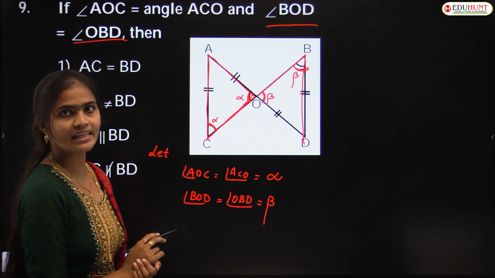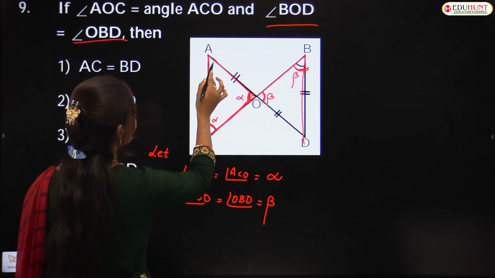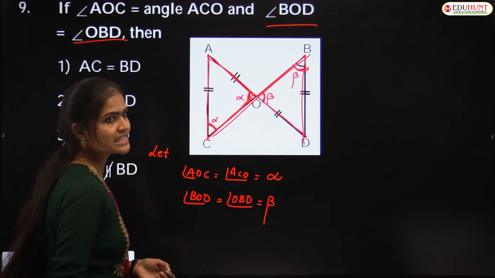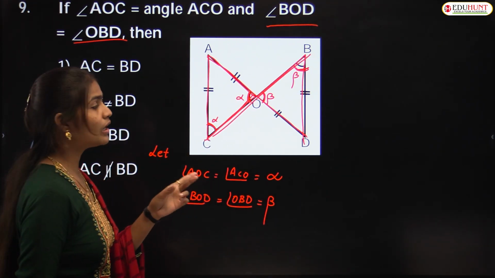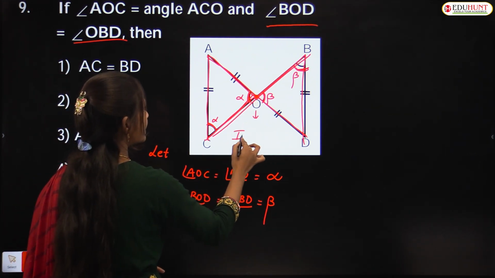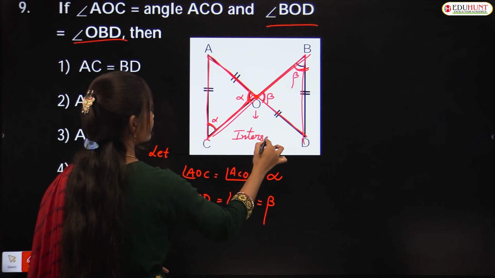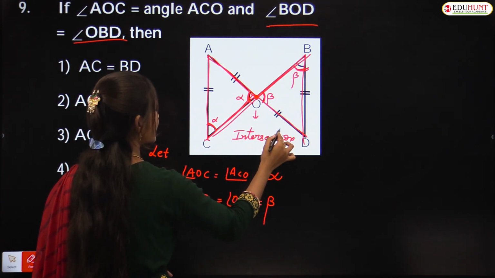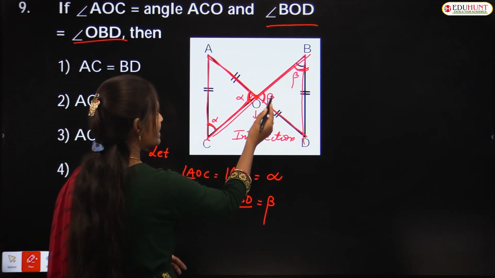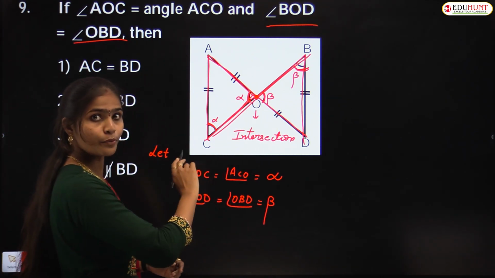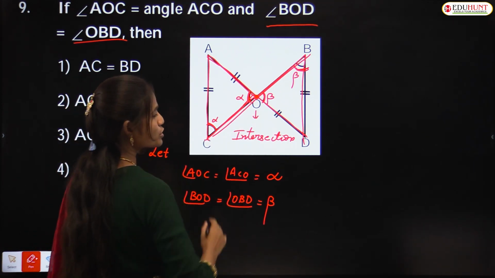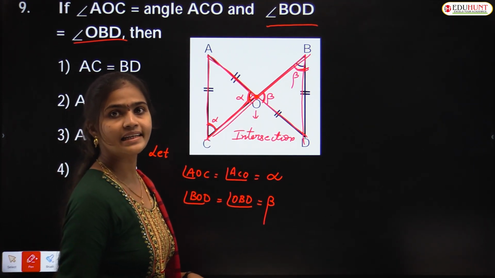When you observe the given figure, we can observe that AD is one line and CB, or BC, is another. Those two lines intersect at a point O. So this is a point of intersection. At that point of intersection, the angles which are formed opposite to each other, we call those vertically opposite angles.